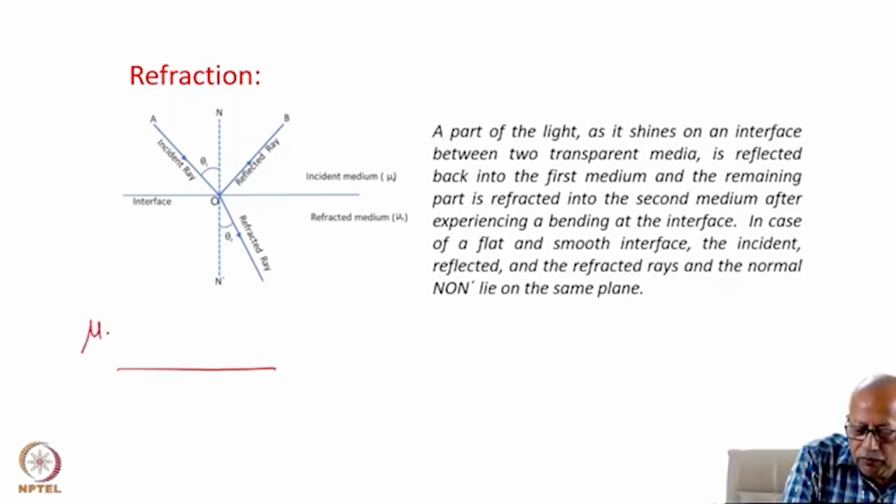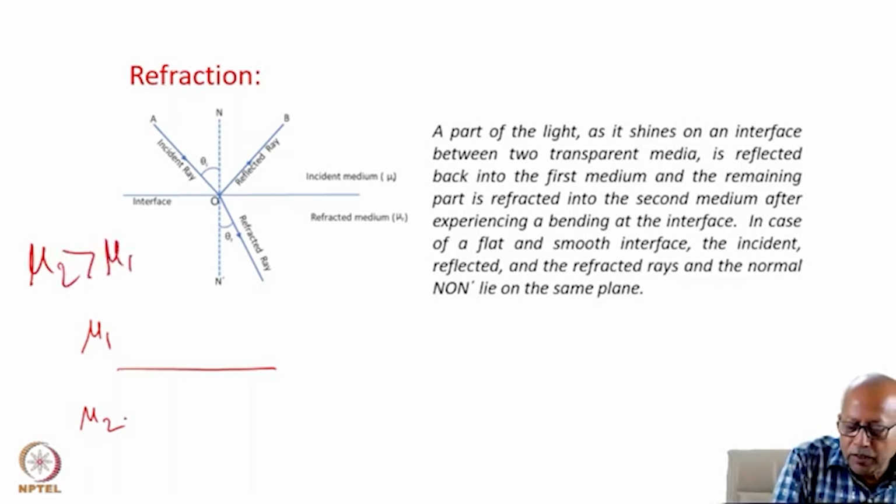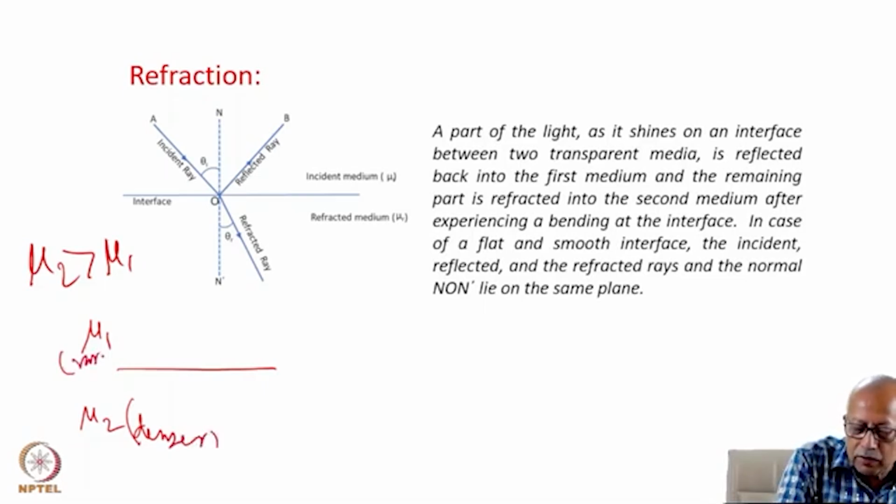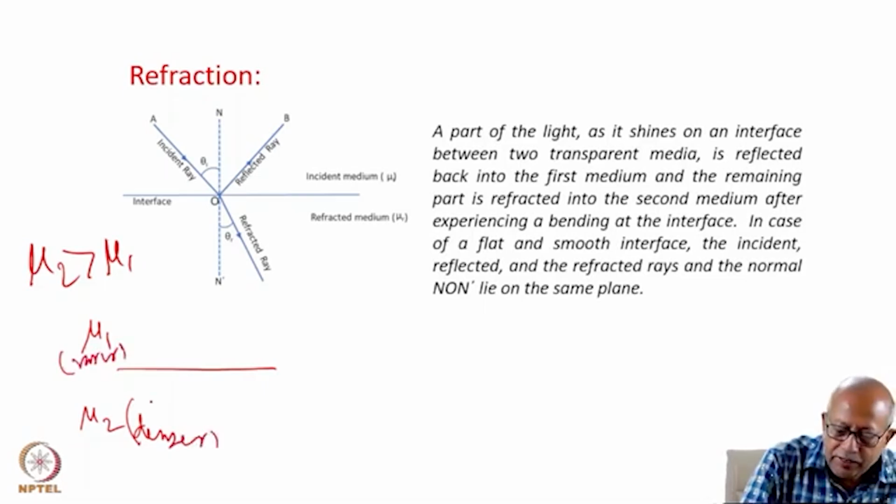The refractive index of one medium is mu1, the other is mu2. And let us assume mu2 is greater than mu1. That means this is denser and this is rarer. Now light is incident from the denser medium.